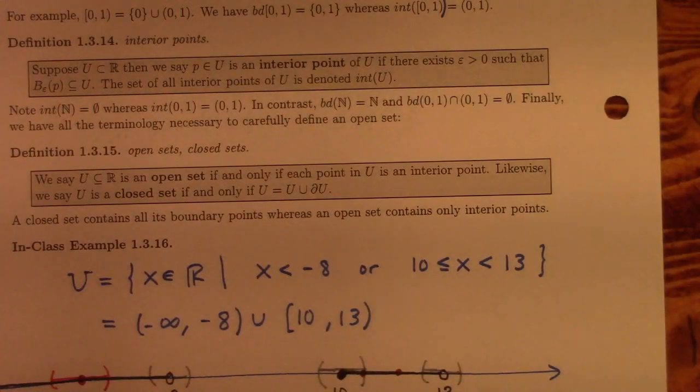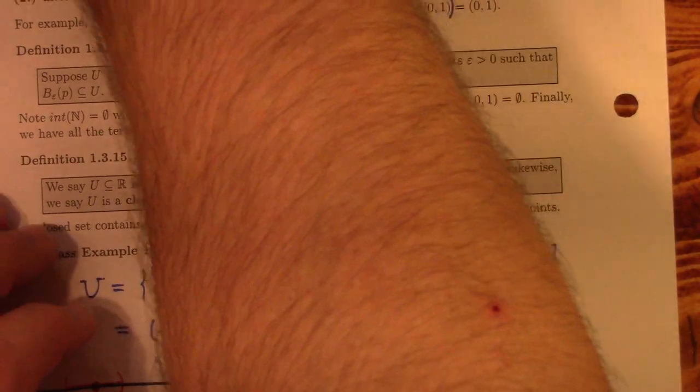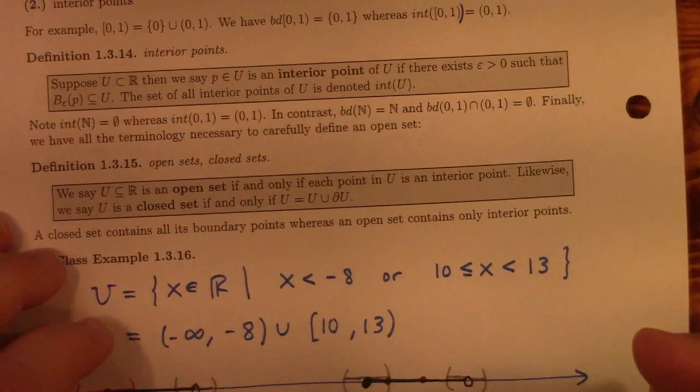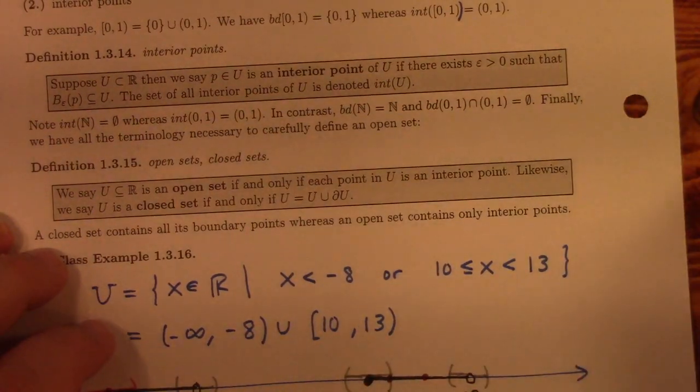So that's section 1.3. I hope that helps you. And so next class, my intention is to skip past the section on functions for the moment, and we're going to skip ahead to the section on algebra. We're going to do the algebra first, and then we're going to circle back and talk about functions after that. I think the algebra is important.